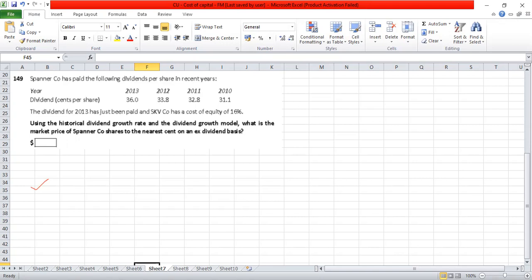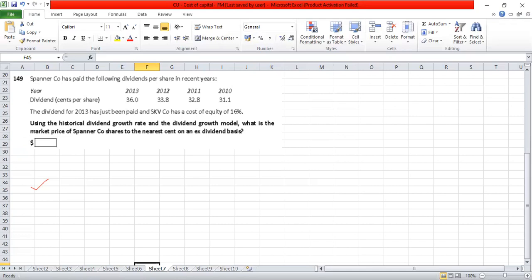Historical growth rate model. We take the growth rate as there is no R and retention ratio, but dividends are spread over a 4 year period, taking a 3 year period, that is the current dividend divided by the dividend paid in the last period.